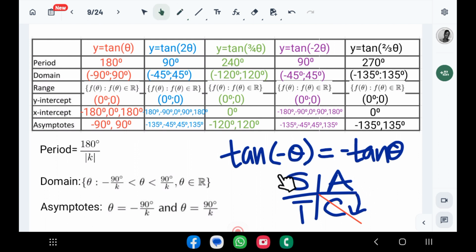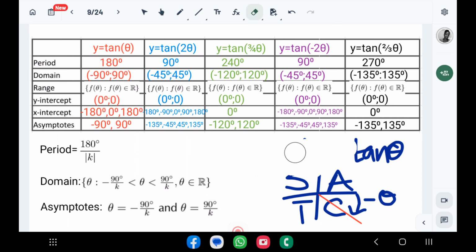Anti-clockwise is the positive direction for calculating your theta. Now this is a negative direction, so that lands us with a negative theta. Notice something: tan is positive in the first quadrant and the third quadrant, but negative in the second and fourth quadrant, which is where your negative theta lands. That's why you have tan of negative theta equals minus tan theta. And that's how you end up with that.